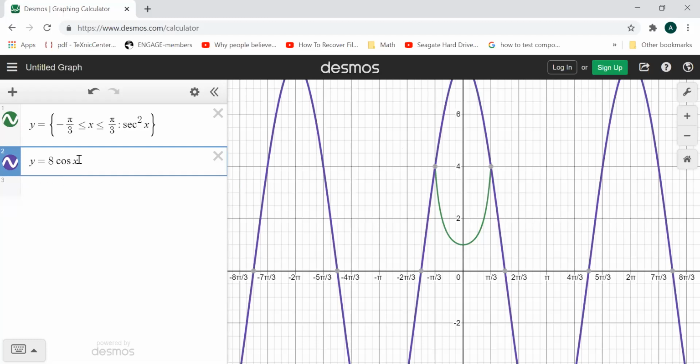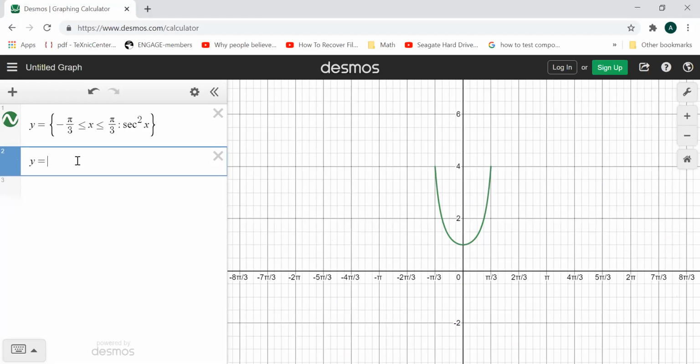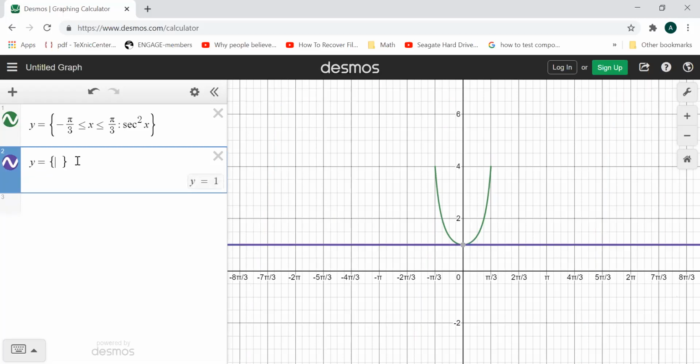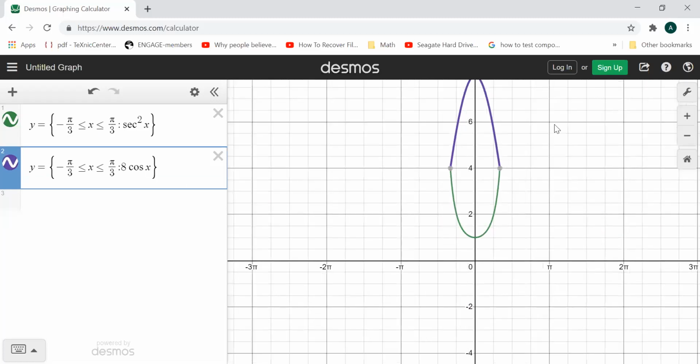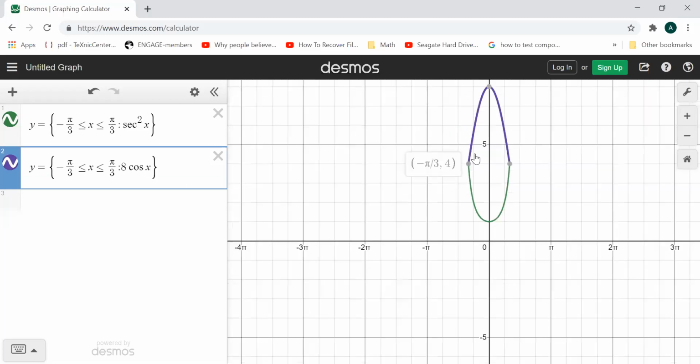So let's say, like we did earlier, curly braces, and then negative pi over 3 less than or equal to x, less than or equal to pi over 3, and then I'll put colon, and the formula was 8 cosine x. And it so happens that this picture looks very much like the one earlier.